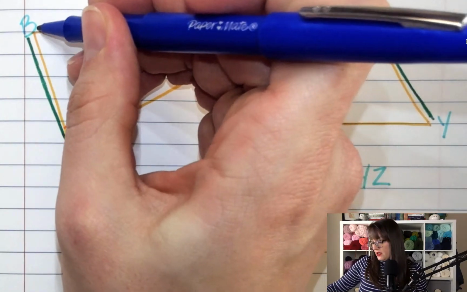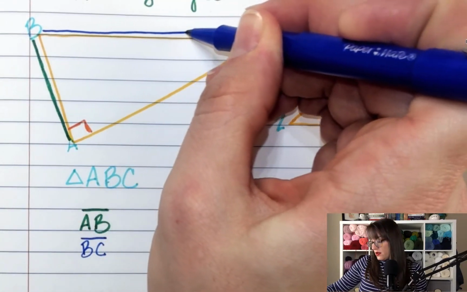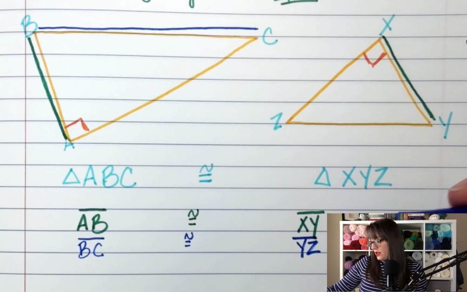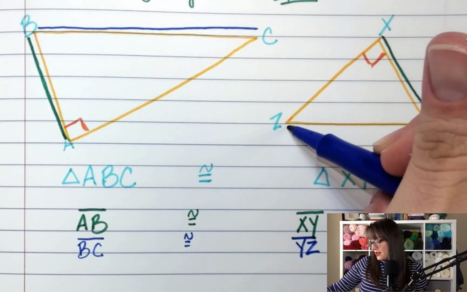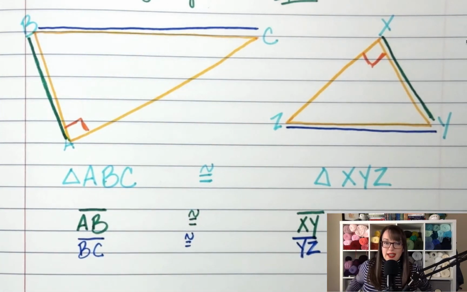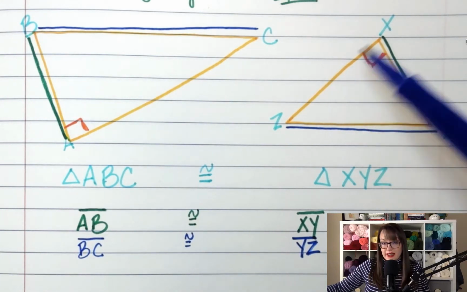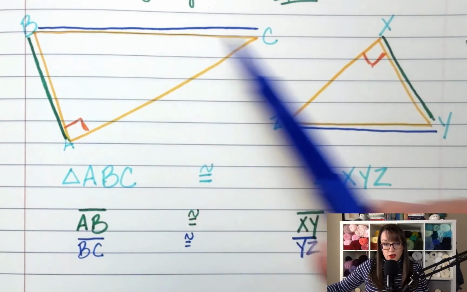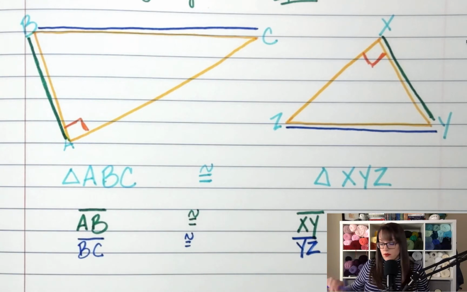So BC is up here. BC is going to be blue, and YZ is going to be blue. So you see how it helps to use colors, because it would have been very easy to think that XZ goes with BC. So look at your names, look at the colors.